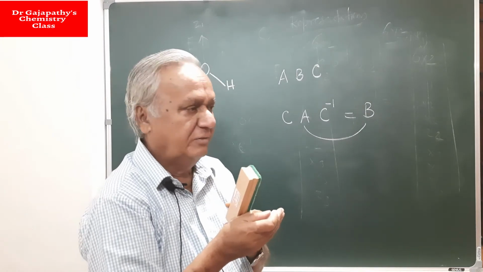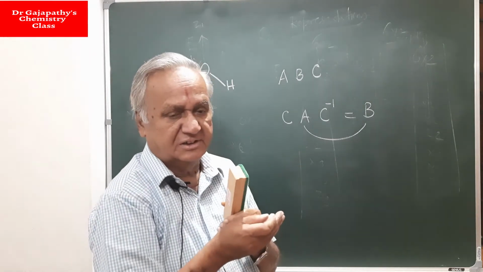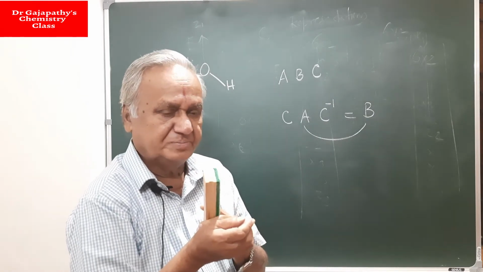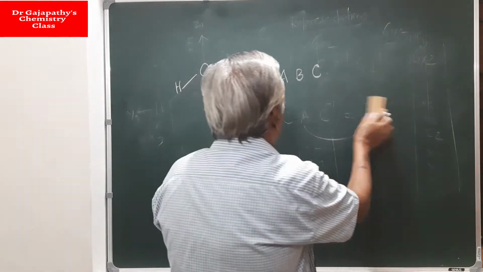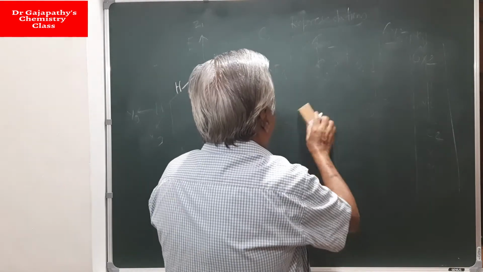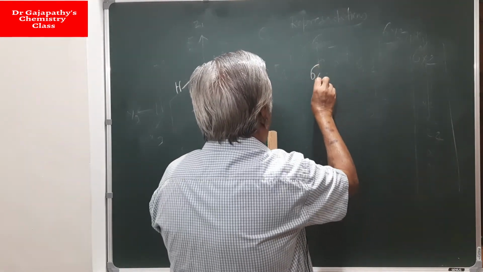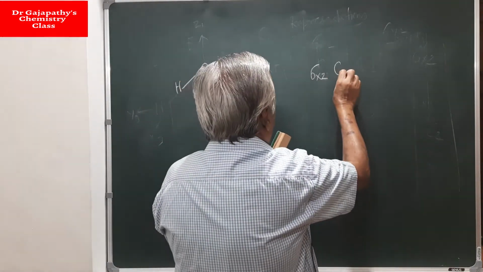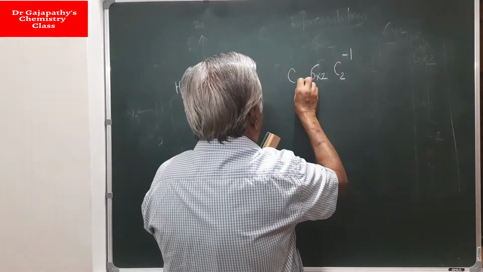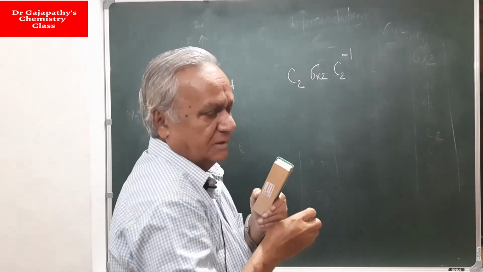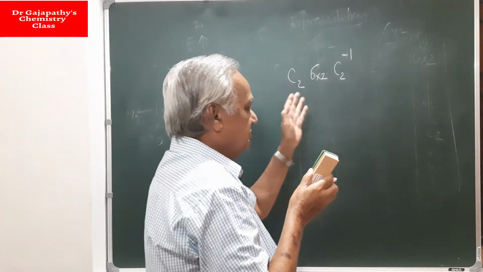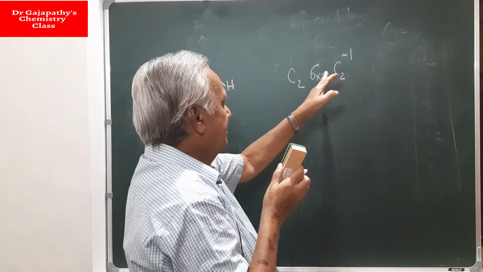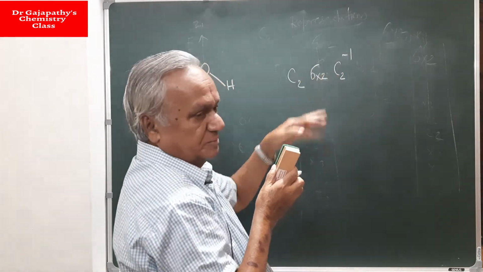I can find out whether the 2 sigmas in the water molecule belong to the same class or not. What should I do? Let me choose sigma xz, and carry out C2 inverse and then C2. The procedure is left justified: C2 inverse should be done first, then sigma xz, then C2.